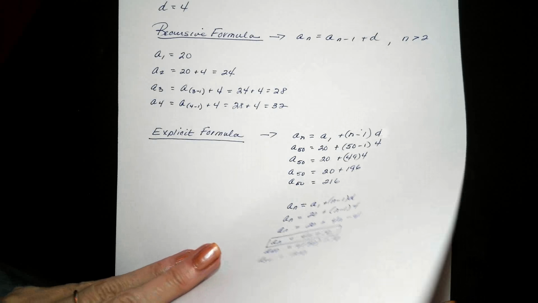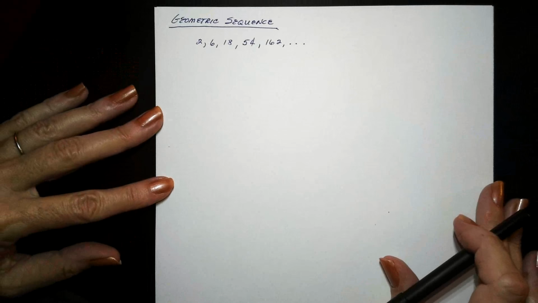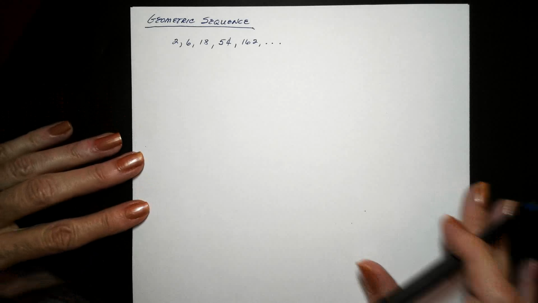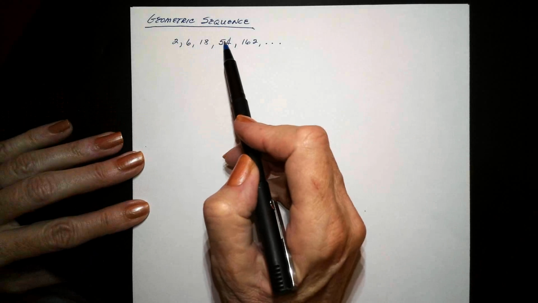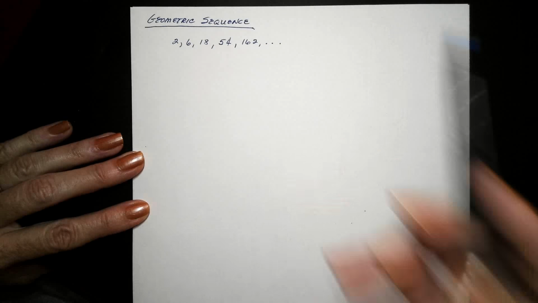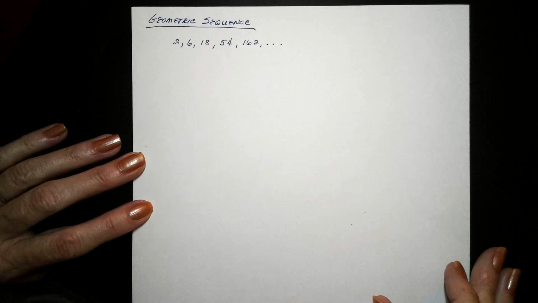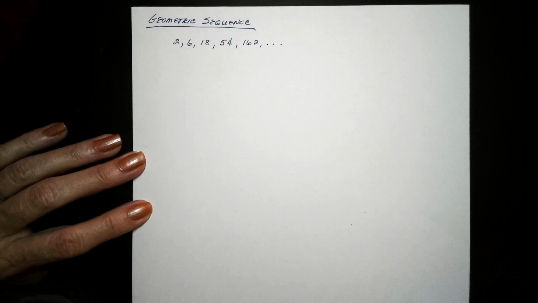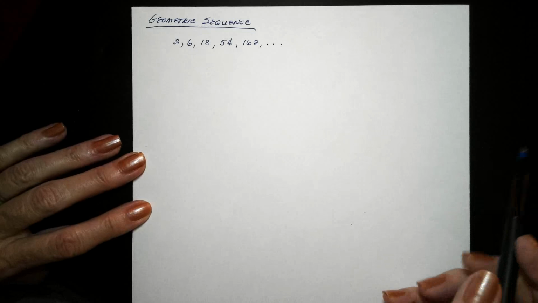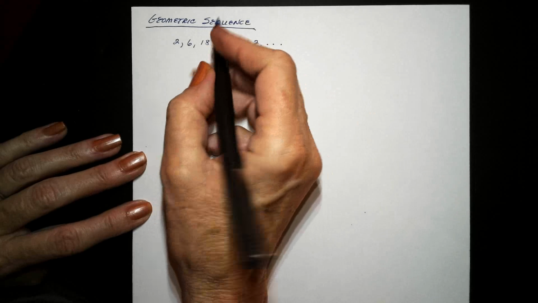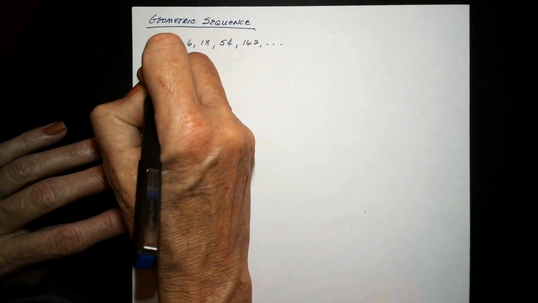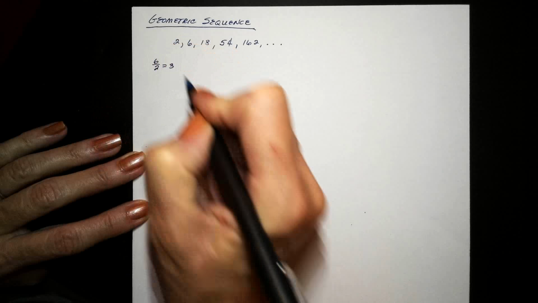Okay, what we're doing now is we're moving on to what's called a geometric sequence. And you'll notice here that I do have a sequence, 2, 6, 18, 54, 162, etc. There is a pattern here, but I'm not adding or subtracting a common difference. Instead, I have what's called a common ratio. And I get that by taking a term, and this time the second term, divide it by 2, and I get 3.